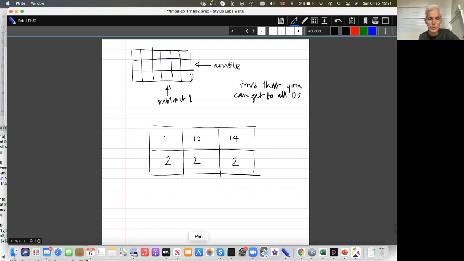So I'm going to double these ones. 2. Actually, I'm not sure there was much point in that, because it's just going to be undone when I do some doubling here. Nevertheless, let's do that doubling.